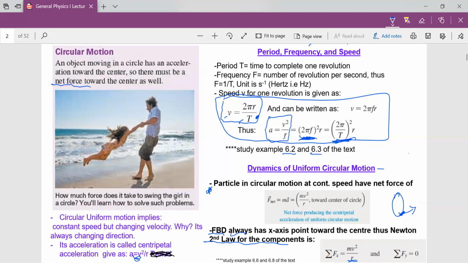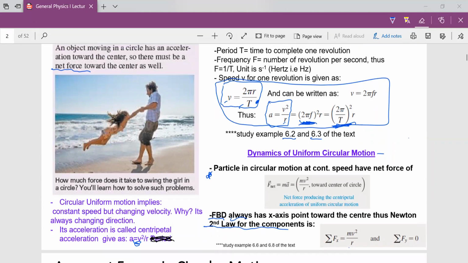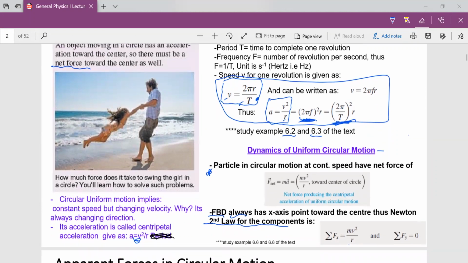We already know this fact. But for the y-axis, we have no force in that direction, so it's going to be 0. Okay. So for making our free body diagram, we will see that the net force, or summation of forces, on the y-axis is 0, and for the x-axis we have a value.